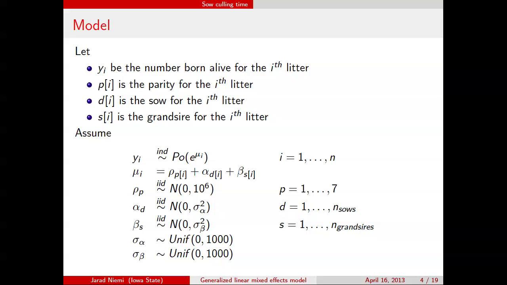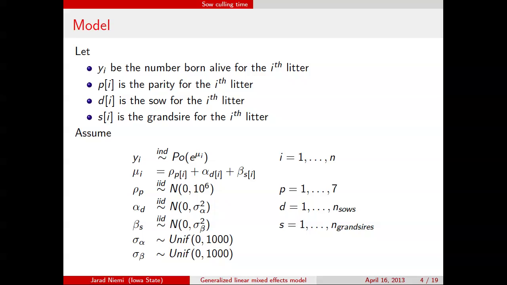And I think maybe we should say estimating the random effects, because predicting would be sort of a new observation, which we're going to do in a bit. But the question here would be about, for a particular sow, here indexed by D, with the whole Bayesian machinery that we're going to do, we're going to have an estimate both for the random effect for that sow, as well as for the variability amongst all sows.